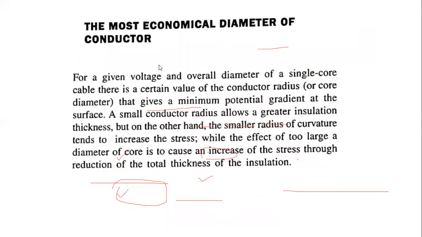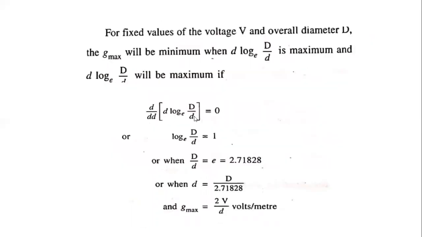This is the formula for the most economical size of a conductor diameter. This is the derivation: how is it obtained? We know the G max value, that is d log e D by d.